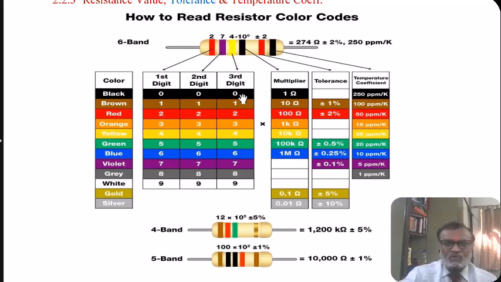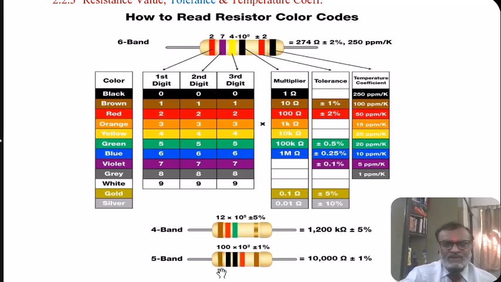And the body has the color code in the form of color rings as shown. The resistances are available in 4 band, 5 band, and 6 band color coding.